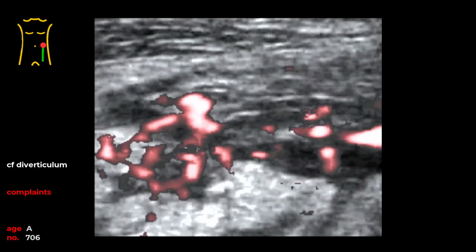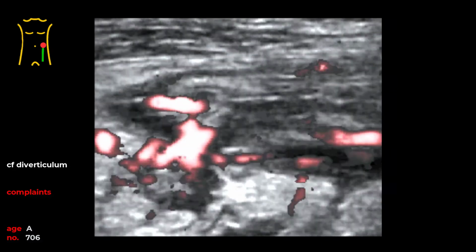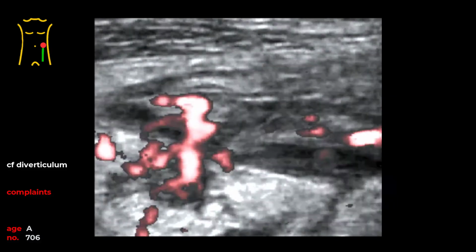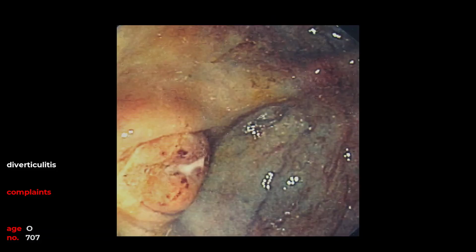Again in 706 with a color flow additional. And the typical endoscopic feature in picture number 707.